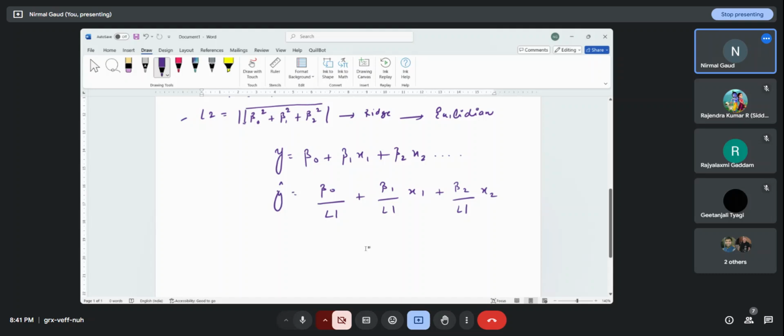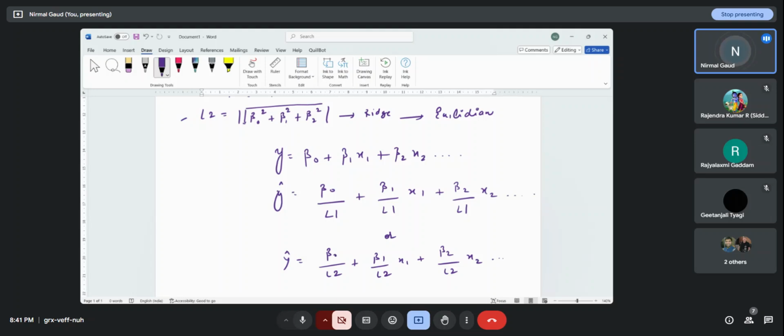Now, the same thing I can do with ridge also. I can divide. Okay, like this I can perform. Okay, this can be done.